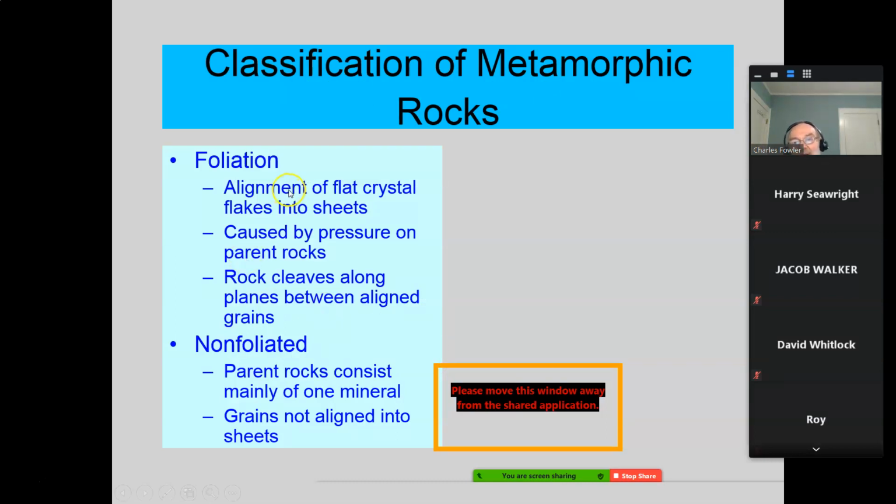So the alignment of flat crystals, flakes into sheets are caused by pressure on the parent rocks, and if that pressure builds and keeps it into sheets, then the rock cleaves along planes between the aligned grains. Okay? Isn't really saying a lot. However, non-foliated, the parent rocks consist mostly of one mineral, and the grains are not aligned in the sheets. They just become harder, tougher, but still three-dimensional grains, non-foliated.